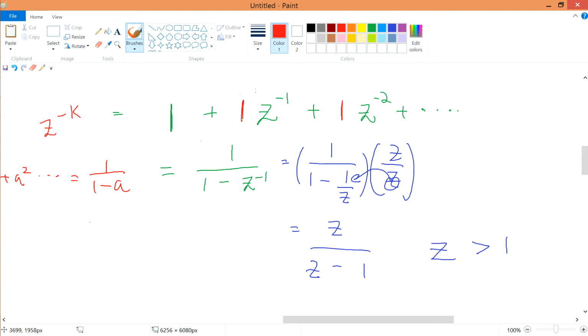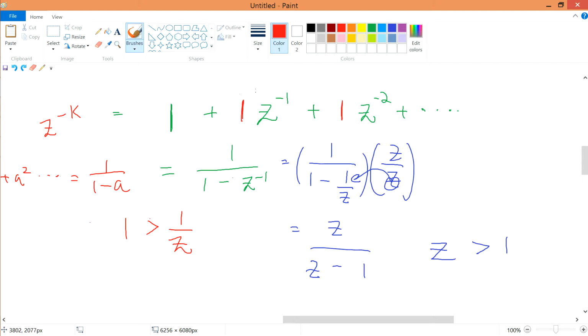It's because if you still remember, when we substitute 1 over 1 minus a as 1 over 1 minus z to the power minus 1, this is our so-called characteristic equation, or the general formula. So whatever makes this 0 will become infinity. If that happens, then 1 has to be equal to 1 over z, because z to the power minus 1 is 1 over z, right?